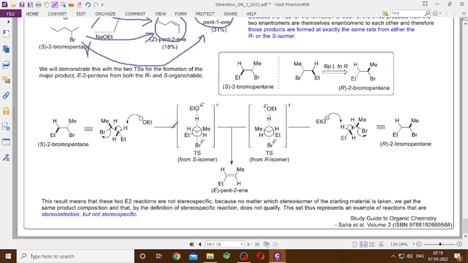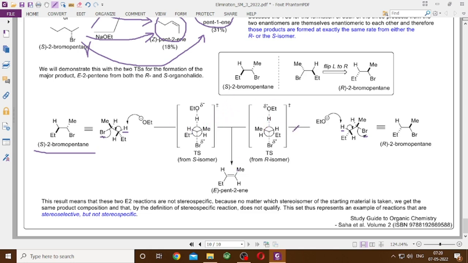Look at these two transition states. We have taken S-2-bromopentane on the left-hand side. We are eliminating HBr by placing this hydrogen anti with respect to bromine. We are going to get the E-2-pentene, and if the same E-2-pentene is made from R-2-bromopentane, then we have to place this hydrogen and that bromine anti to each other. When you look at the two transition states, these are enantiomeric in nature.